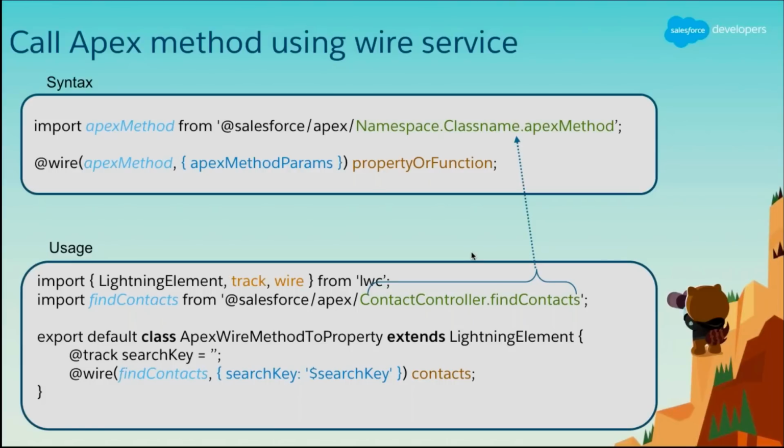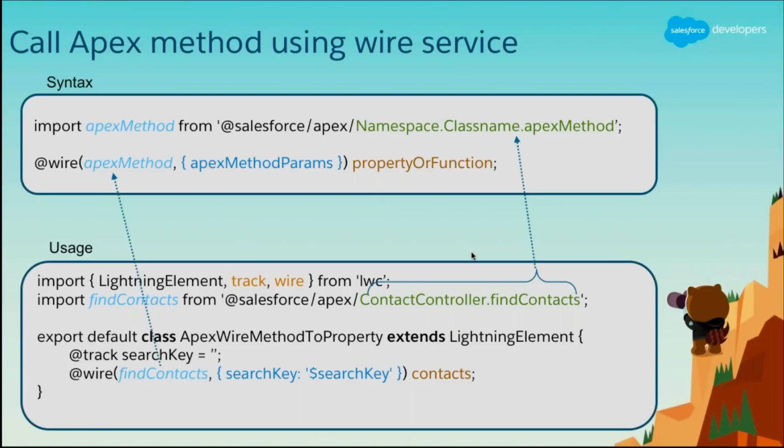The first thing you need to do is import. In our case, I'm importing ContactController.findContact, right? Whatever method you want to use from your Apex class, you have to write the import statement for each of those methods there. And then once it is imported, you can call that Apex method from your wire service, right?